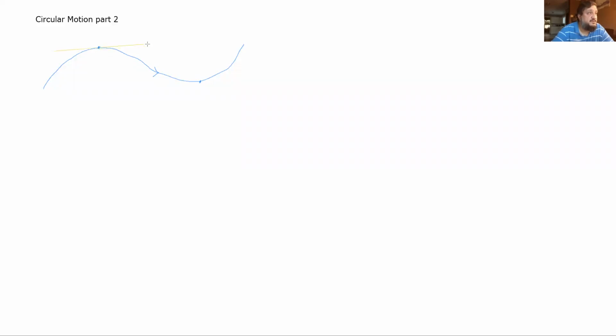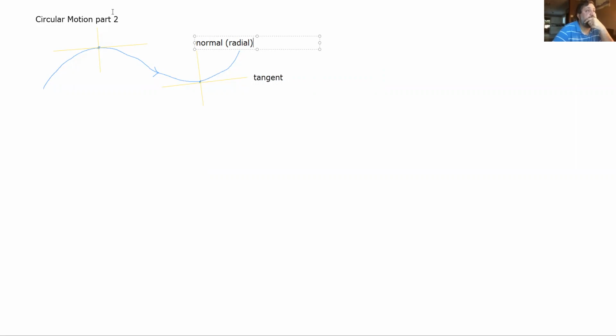This will be the tangent line here, and perpendicular to it you will have the normal line here also. The normal line and the tangent line. Radial.